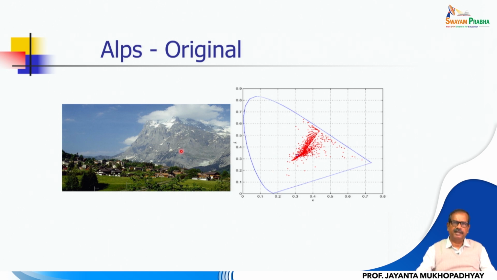Say, consider this is an image which we name as Alps, because it's an image of an Alps peak, and if I plot these color points as a scatter plot in the xy chromaticity chart, and I have also shown the boundary just for convenience. You can see that these points are plotted within this space itself, and roughly there is a triangular shape, which indicates the limit of color reproduction in this case.